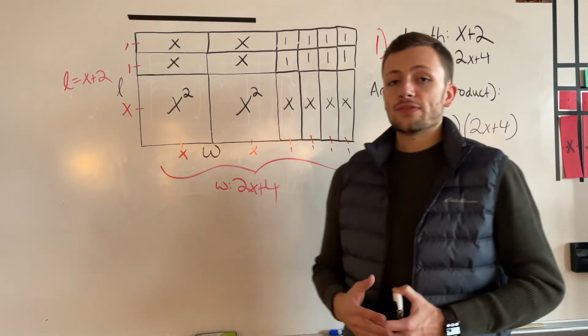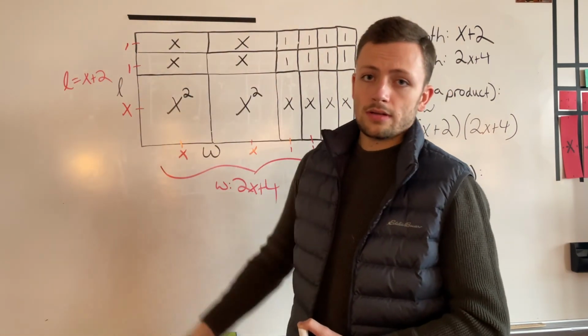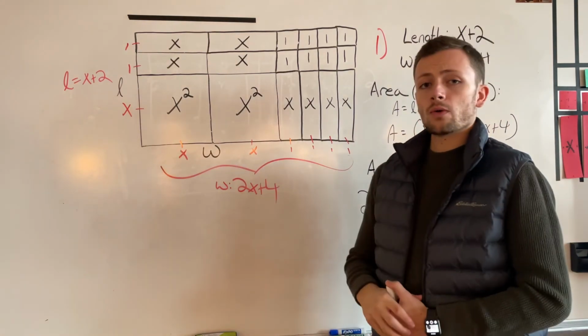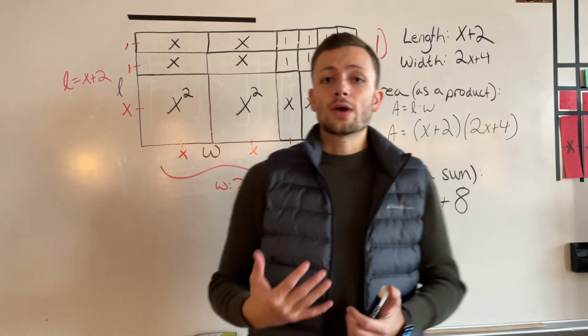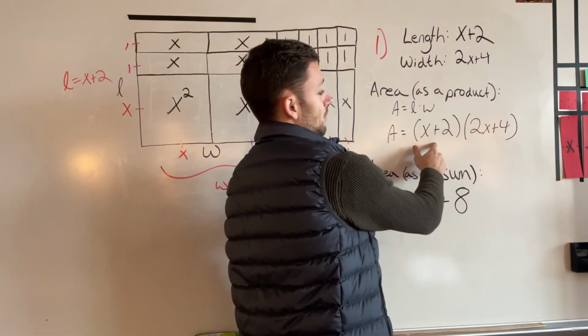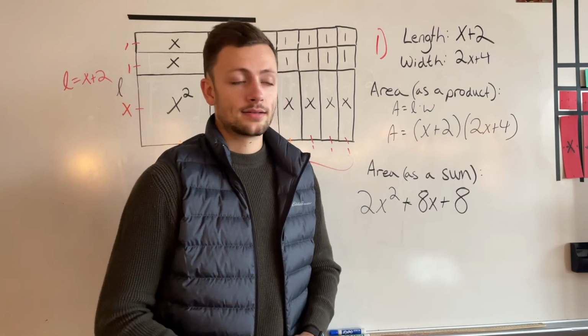So when I ask you to find the length, find the vertical side length. When I ask you for the width, find the horizontal side length. Your area as a product is simply the expression for your length times the expression for your width.